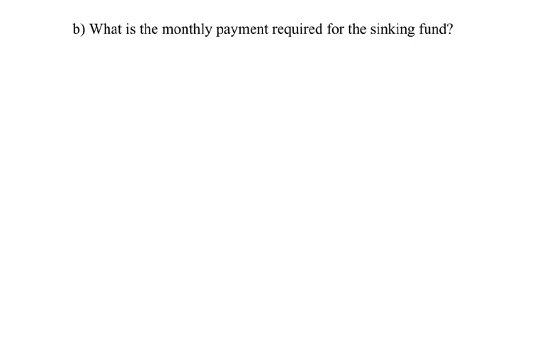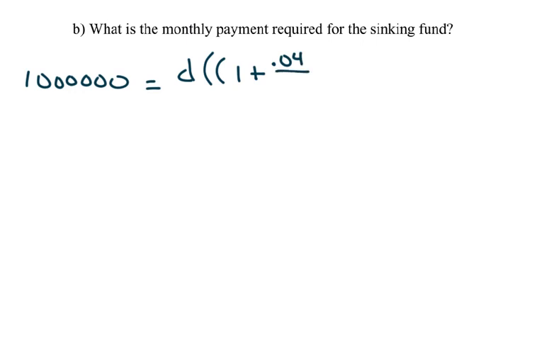Now the sinking fund uses our annuity payments. So we have the $1 million equals D, and then we have 1 plus the 4%, because remember it's 4%, and it's monthly.